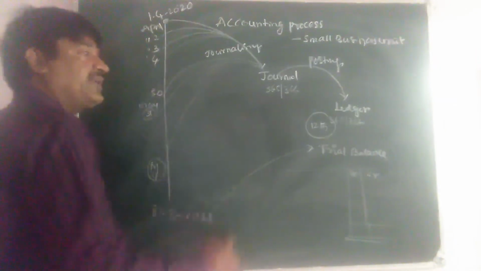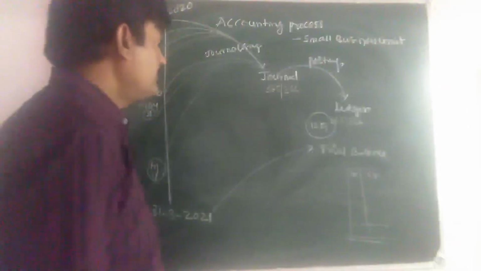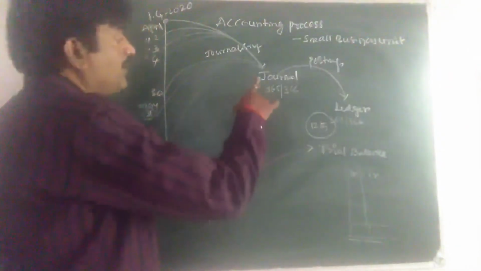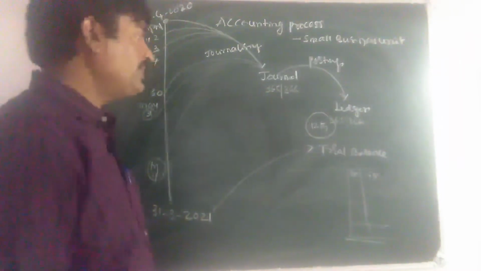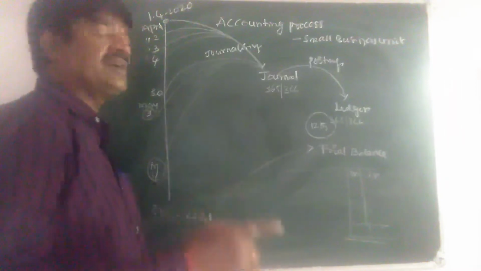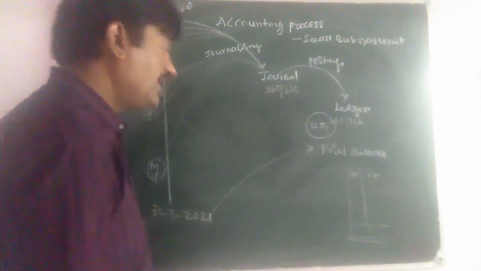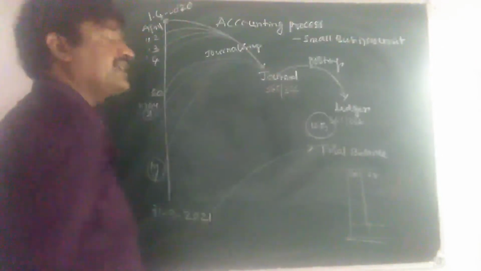If the debit total is not equal to the credit total, then there may be what? There may be a mistake in the journal, or maybe a mistake in the ledger, or maybe a mistake in following the rules of double entry system. Before going to the next process, we are rectifying that error.